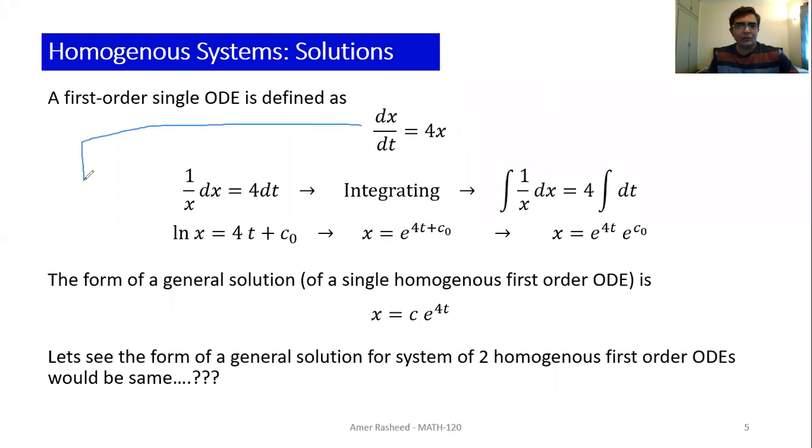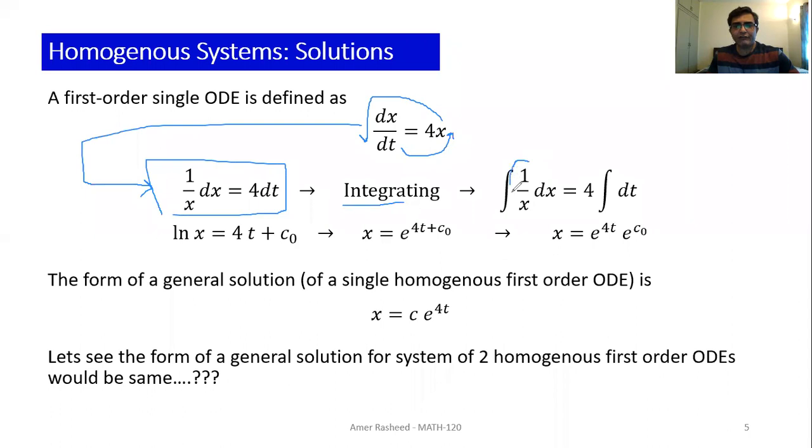Now, I am going to separate the variables of this differential equation. I can divide by x on the other side, and I can multiply by dt on this side. So the variables have been separated. Now after integrating, we get the integral of 1 over x dx equal to the integral of 4 dt.